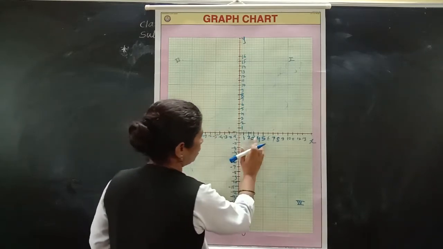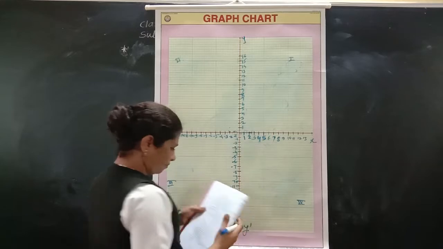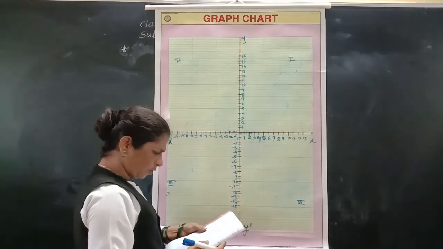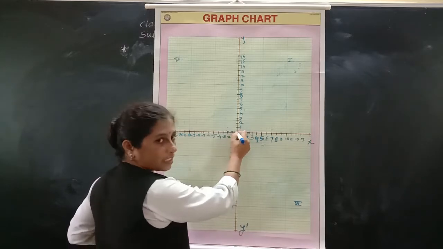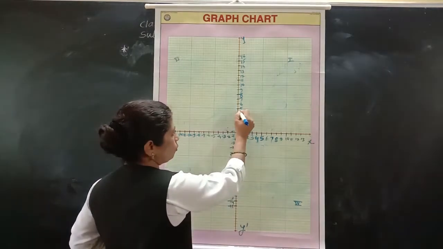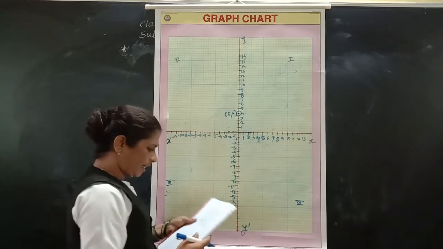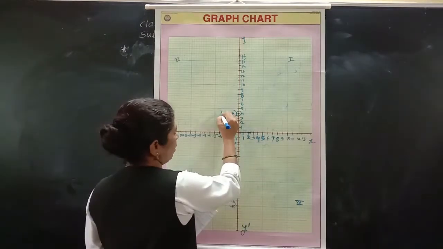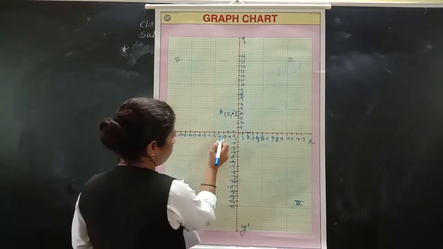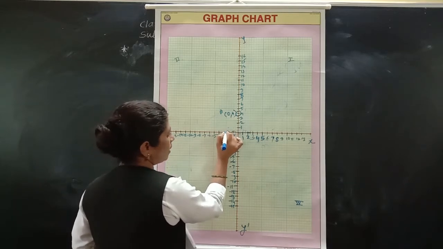The question is that a point is 0, 4. 0, 4 means x-axis 0 and y-axis 4. So the point will come here. 0, 4, right? Next, B minus 3, 0. This is point A. Minus 3 means x-axis minus 3 and y-axis 0.